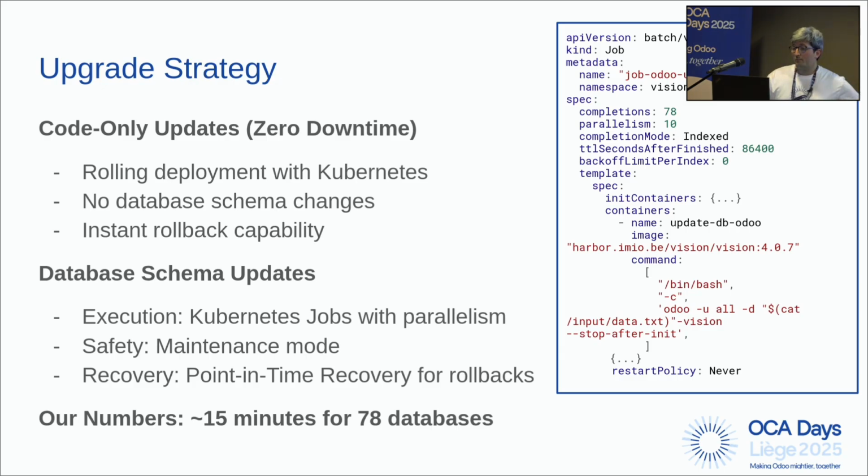Our CloudNativePG setup provides point-in-time recovery, allowing us to roll back an individual database if needed. At this time, the entire process takes 15 minutes for all 78 databases. This might seem complex, but it's essential for maintaining service quality across all our tenants.